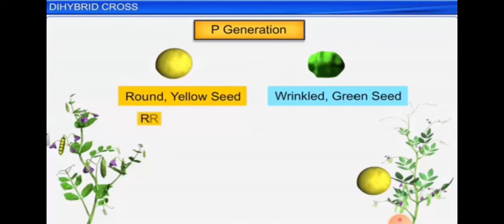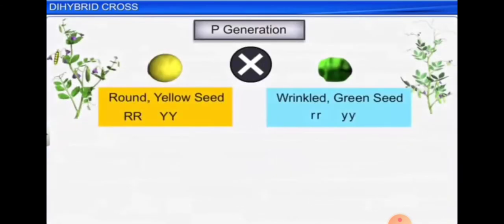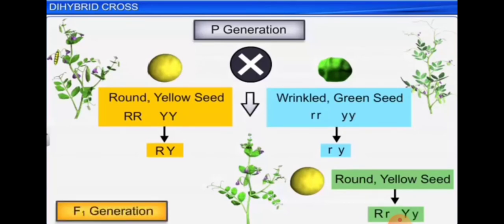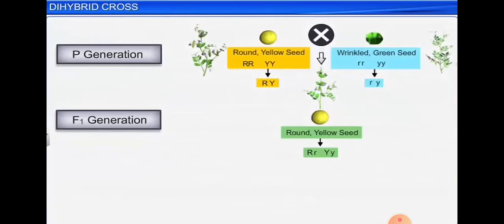The genotypes of the parents can therefore be denoted as capital R capital R capital Y capital Y, and small r small r small y small y. On crossing the plants, the gametes capital R capital Y and small r small y unite to produce yellow and round seeds with genotype capital R small r, capital Y small y in the F1 generation.